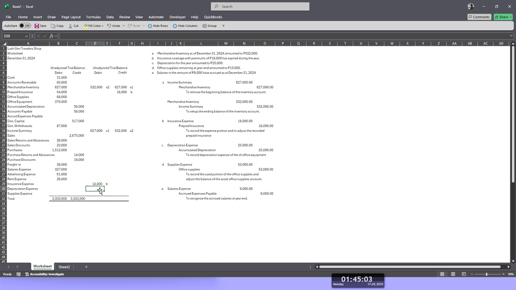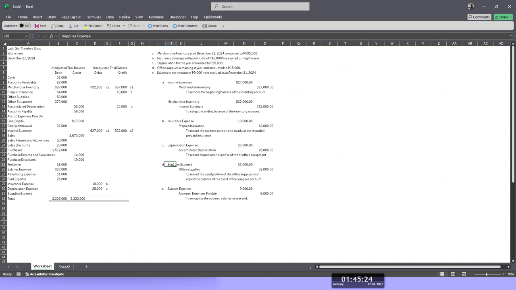So debit depreciation expense here. The amount is 25,000, and credit accumulated depreciation, that's 25,000. And then this is adjusting entry letter C.